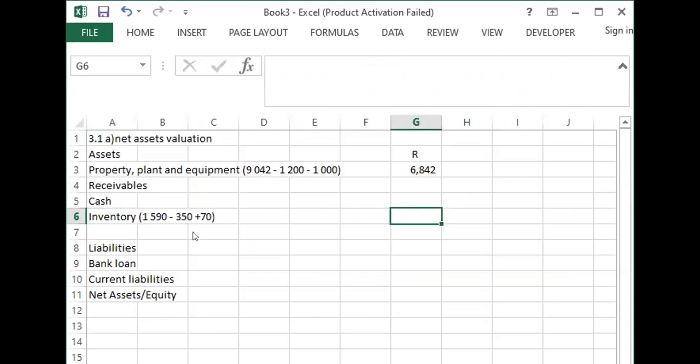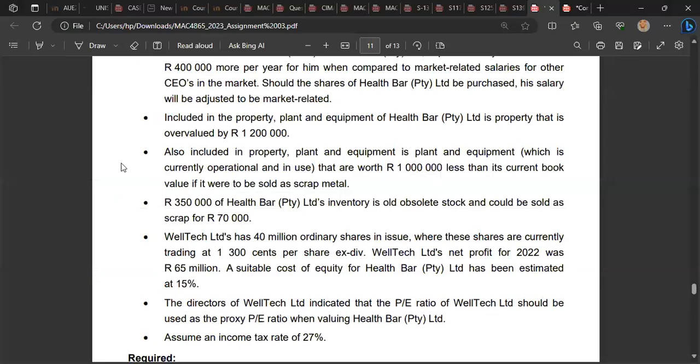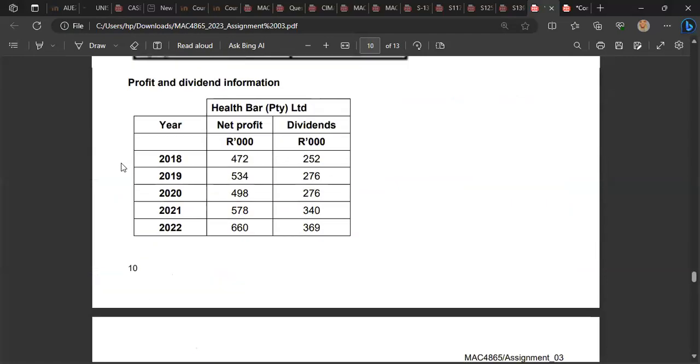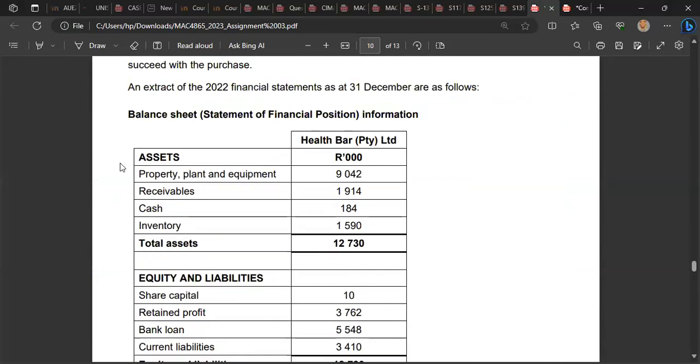This inventory was valued at 350, so we need to remove it completely and then introduce the new value, which is 70. So this is going to be 1590 minus 350 plus 70. I don't think this will get any simpler than this. It's very, very simple. There is nothing else. We have exhausted that, so the rest of these we put as they are.